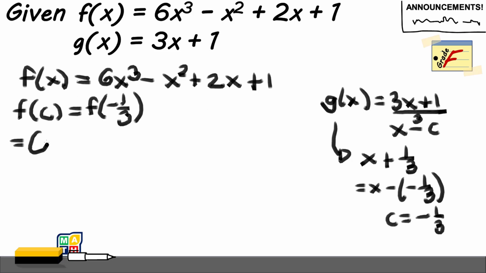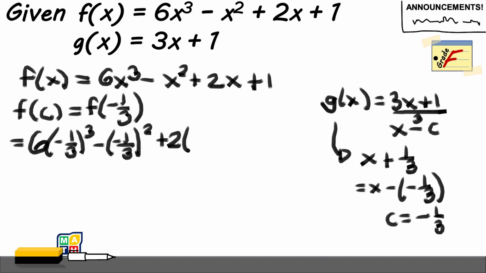So let's continue here. We have 6, then you have negative 1/3, then you take its cube, minus negative 1/3 squared, plus 2 times negative 1/3 plus 1.